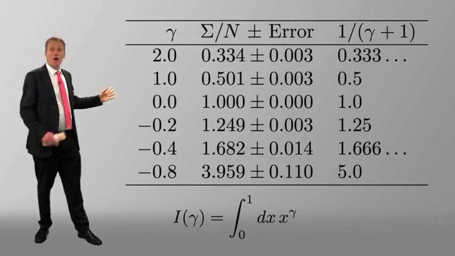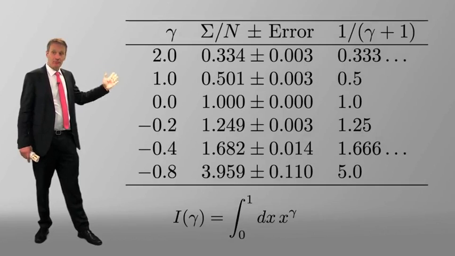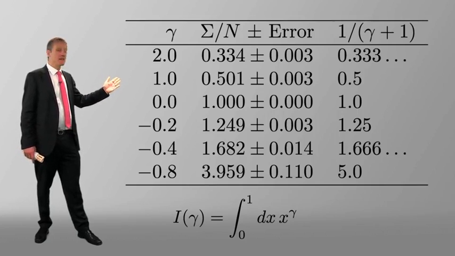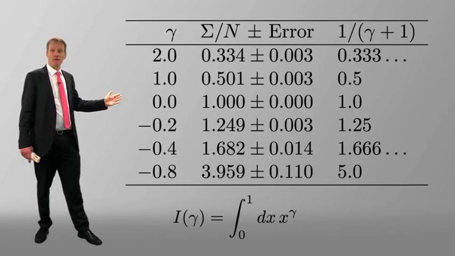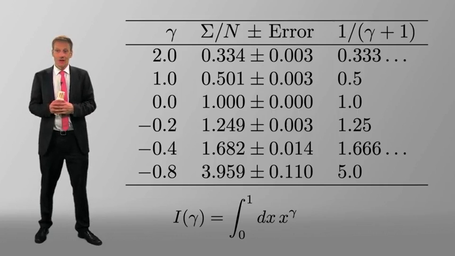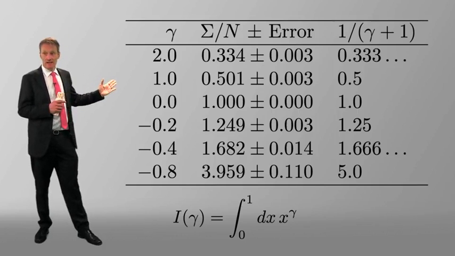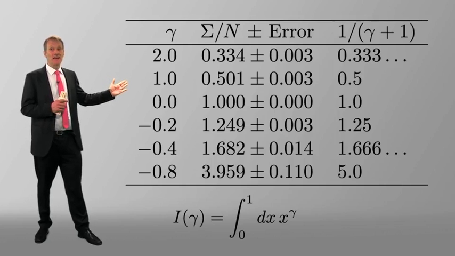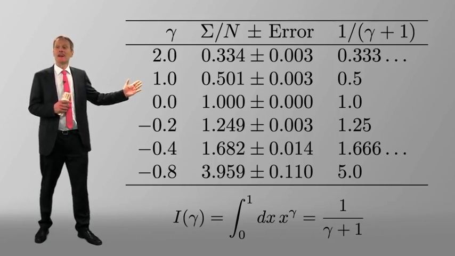The output of this program directgamma.py is shown here for gamma equal to 2, 1, 0, minus 0.2, minus 0.4, minus 0.8. You see that most of the time the outcome of the integral, plus or minus the error, agrees with the analytical result.